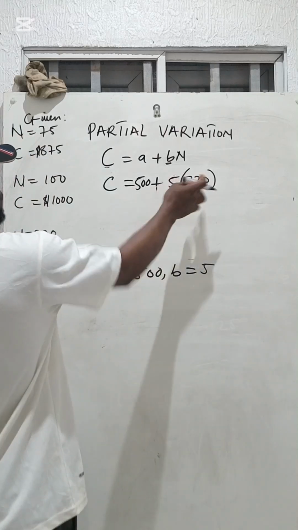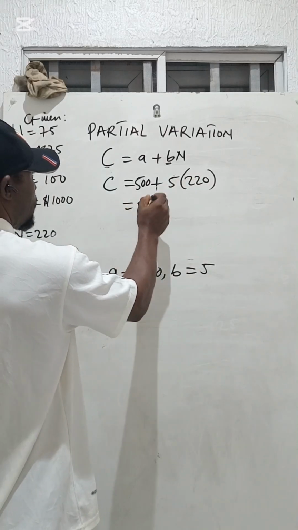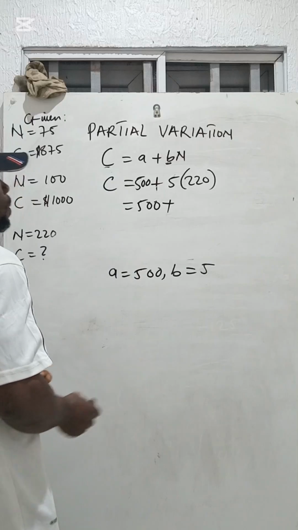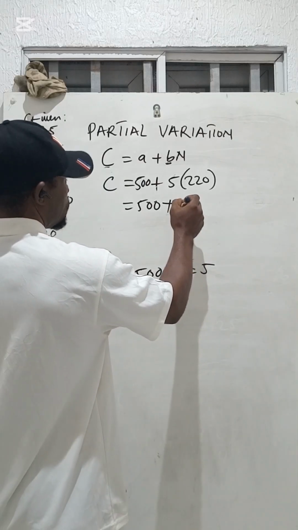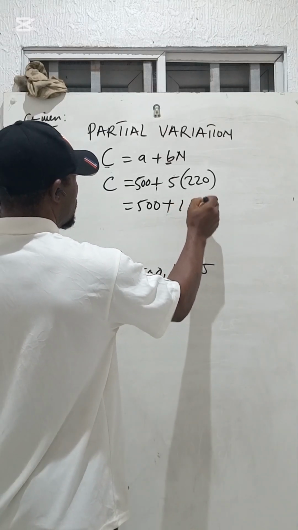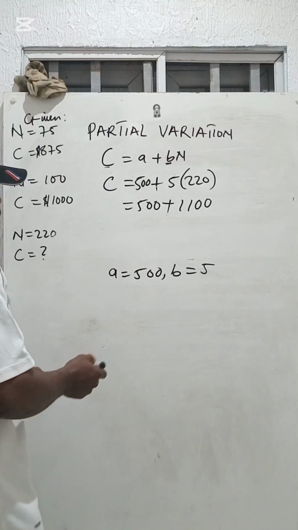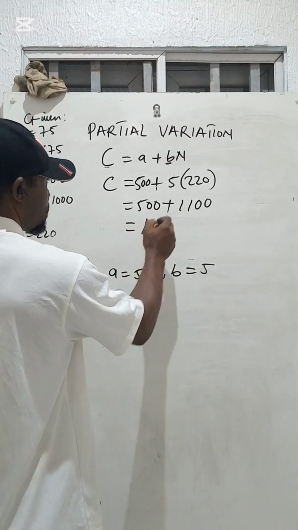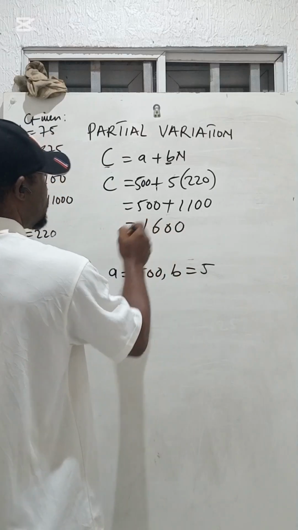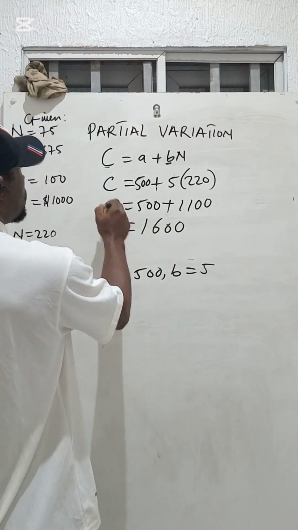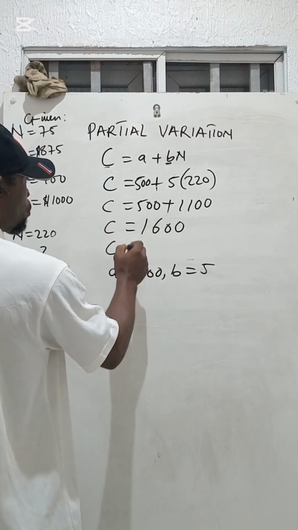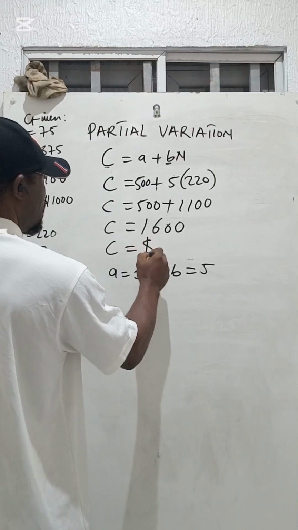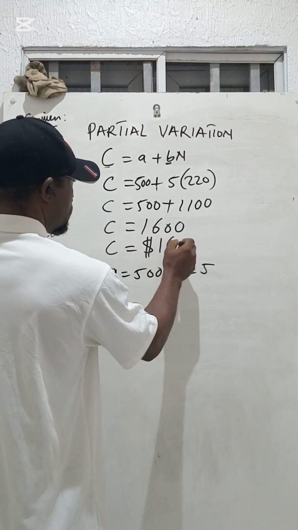The value of N is 220. So this becomes 500 plus 5 times 220. 5 times 220 is 1,100. And 1,100 plus 500 is the same thing as 1,600. Therefore, the cost of feeding 220 students is $1,600.